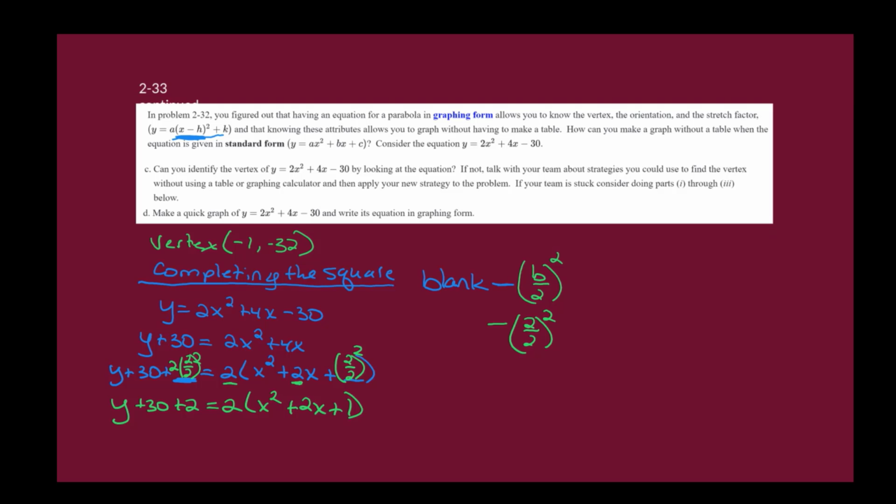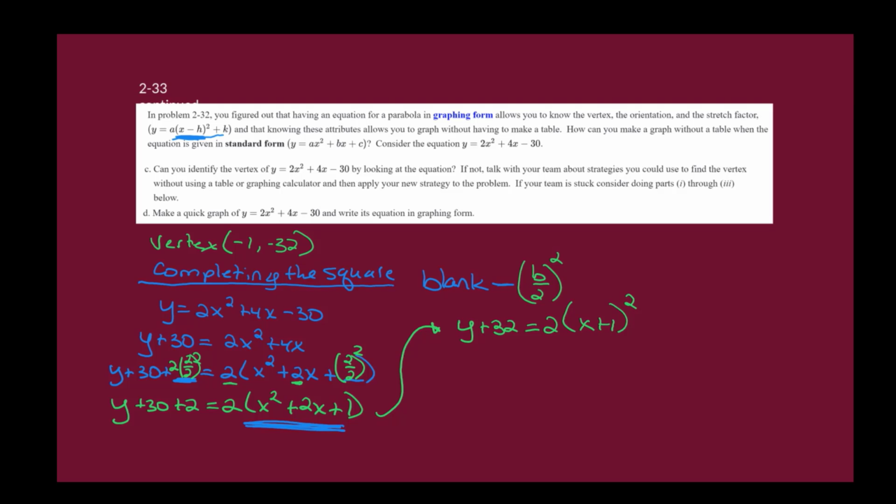I'm going to go ahead and erase all of this right here. Now, we take this up here. I'm going to consolidate the left by combining like terms, so y plus 32. And then on the right, I've got my 2, and this factors to x plus 1 squared. Do you see where we're going here?